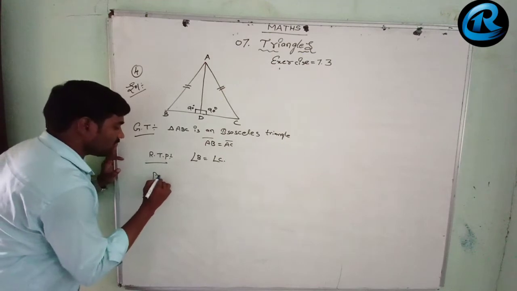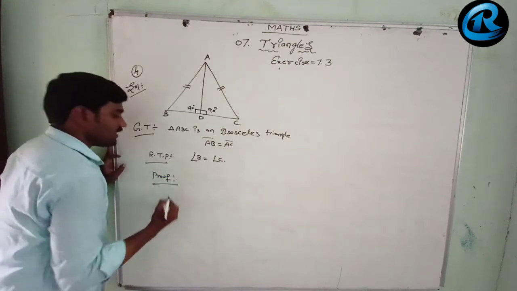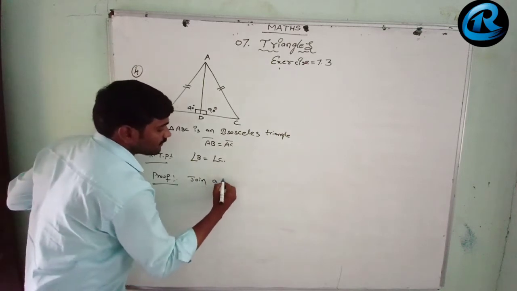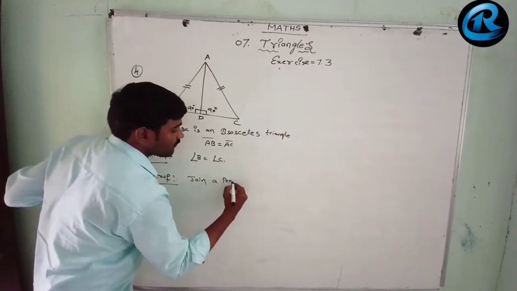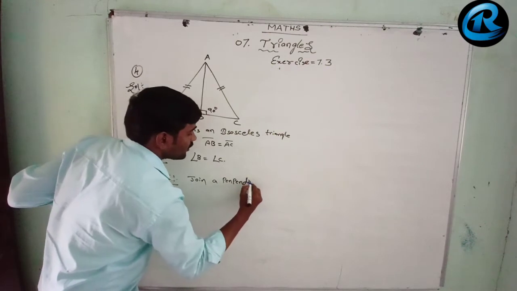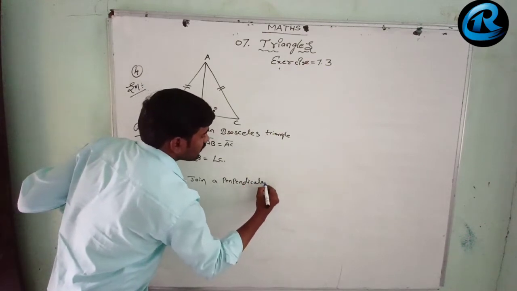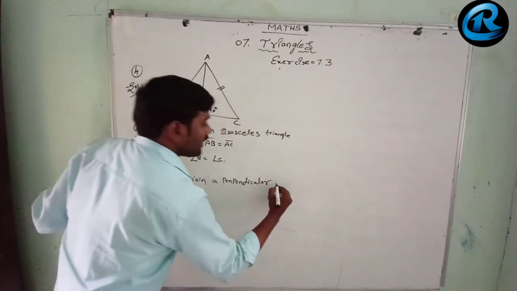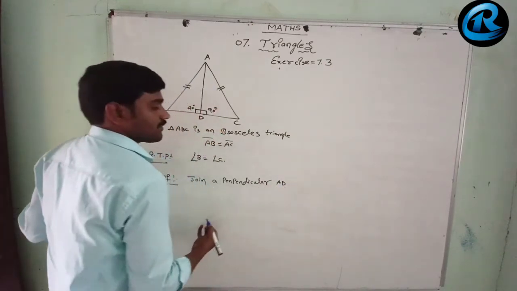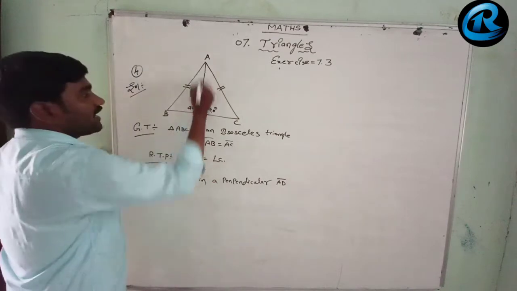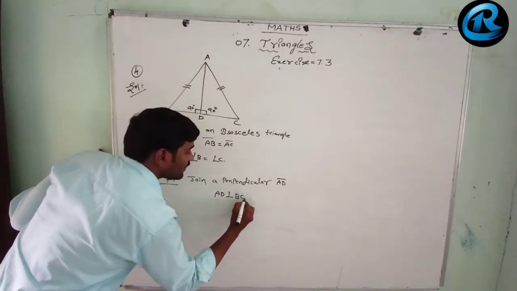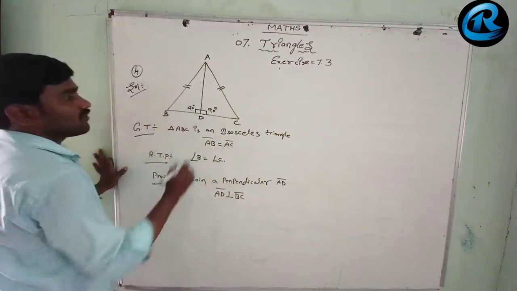Now we go for the proof. Join the perpendicular AD such that AD is perpendicular to BC. We will get a figure like this.